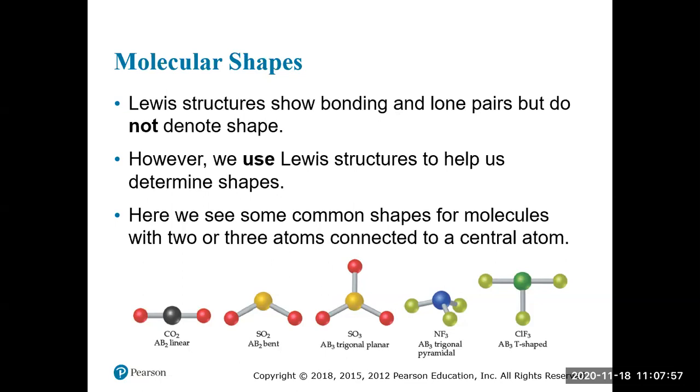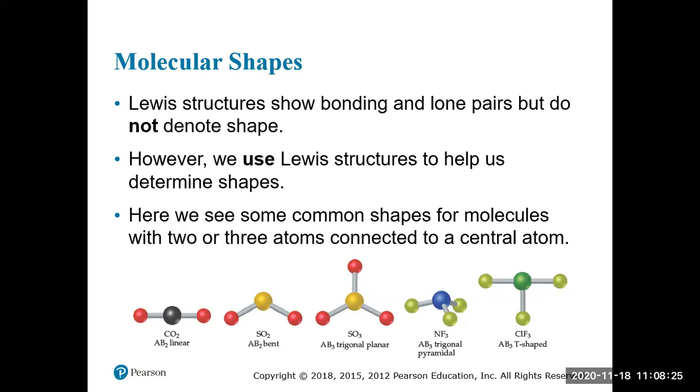That geometry or shape is important because it imparts some of the physical and chemical properties, and also gives us some clues on how things will react based on the shapes of the molecules. So while Lewis structures show the bonding and electron numbers, they don't give us any information on shape. We can use some of that information to help us determine the shapes, though.